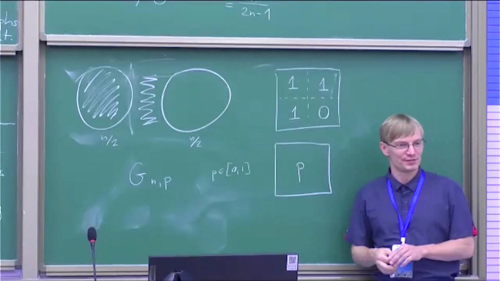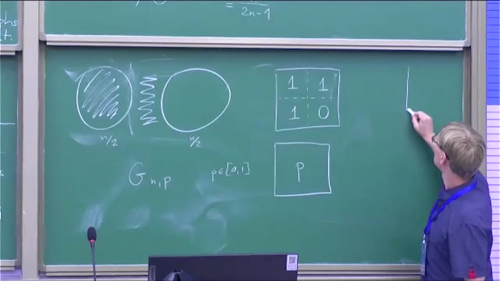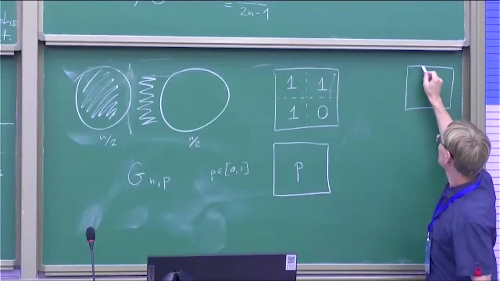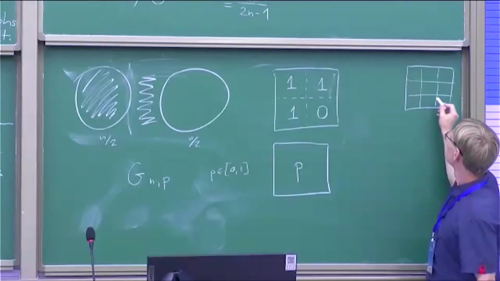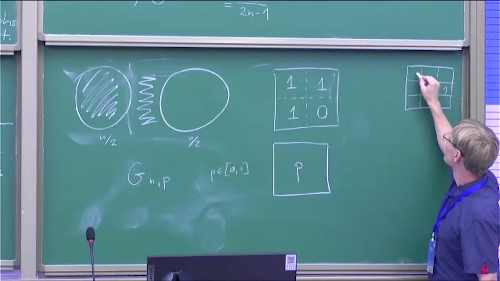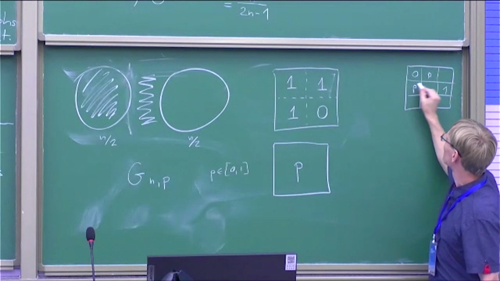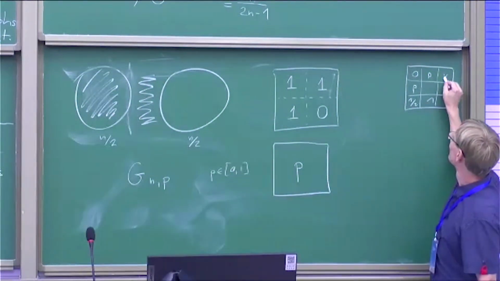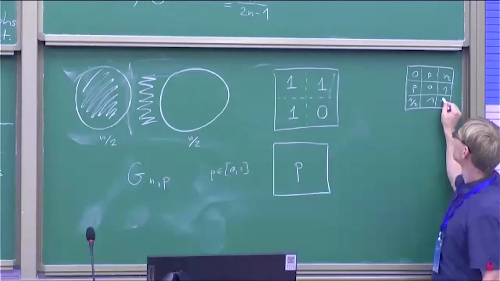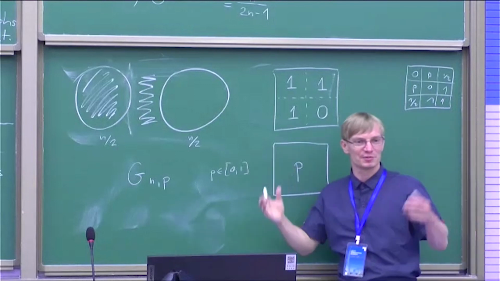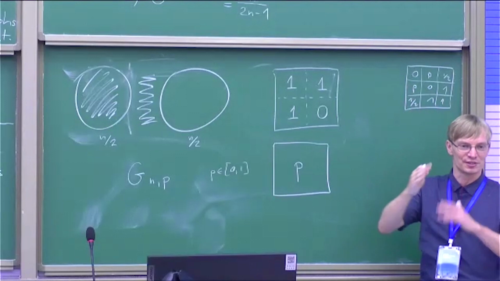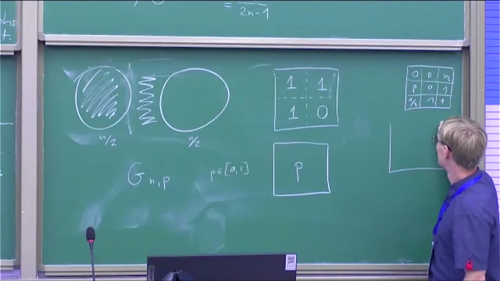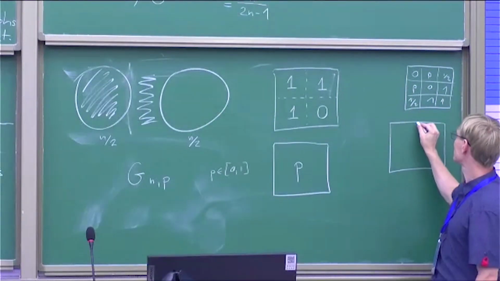But I can have different graphons, right? I can have, for example, a graphon which has more parts. Somewhere there are ones, somewhere there are zeros, and somewhere there are some probabilities. There can be whatever. It may even not have the structure of a grid, it can have a different one.